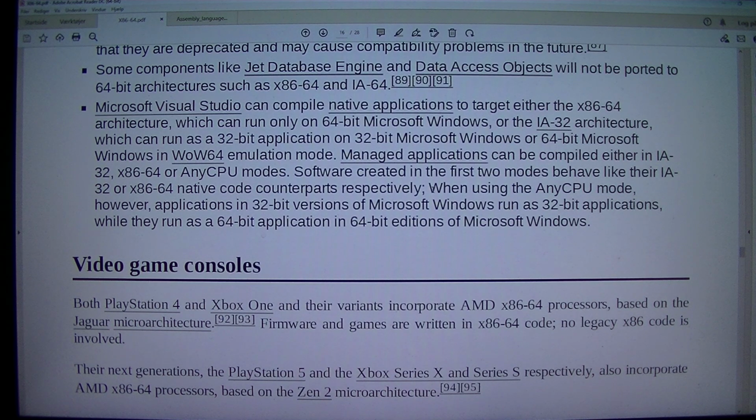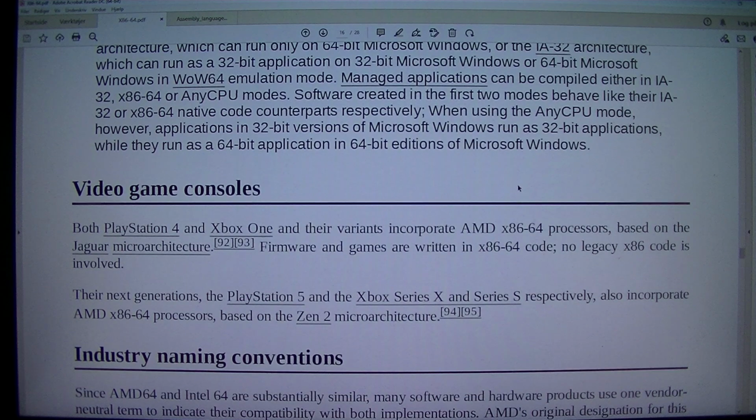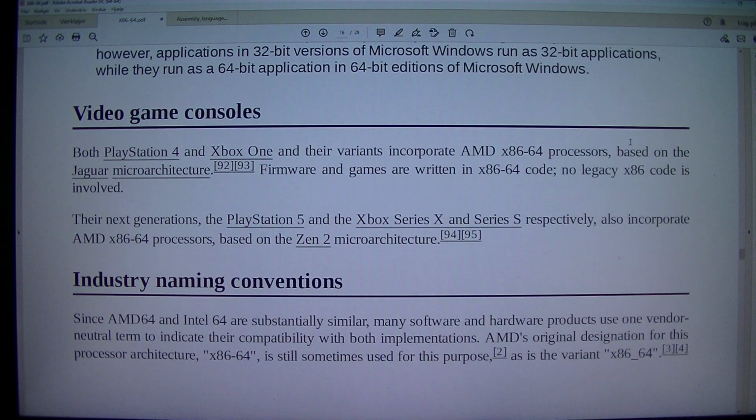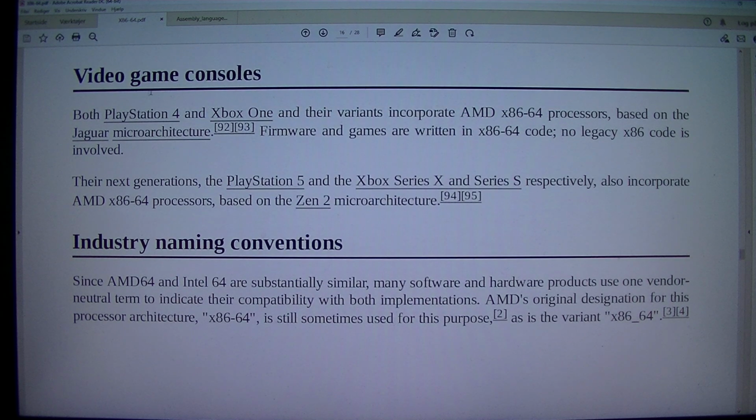Software created in the first two modes behaves like its IA32 or x86-64 native code counterparts respectively. When using the Any CPU mode, however, applications in 32-bit versions of Microsoft Windows run as 32-bit applications while they run as 64-bit applications in 64-bit editions of Microsoft Windows.